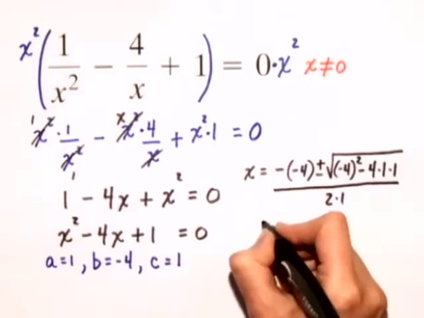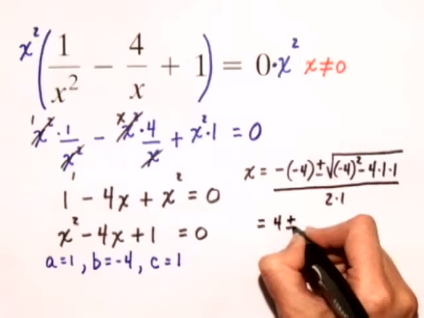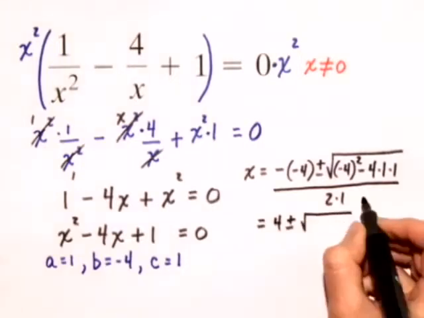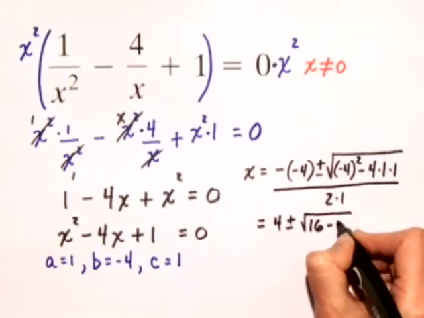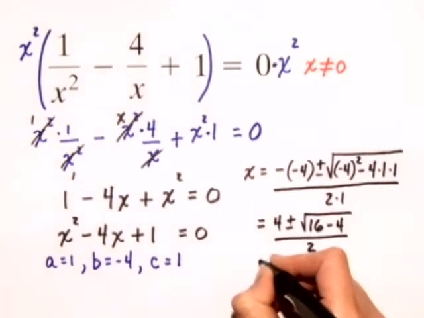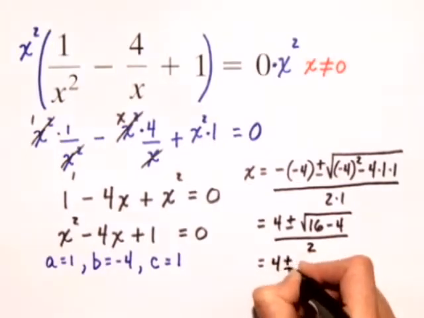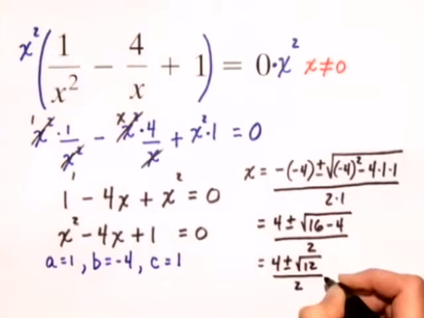We just need to simplify this. So x is equal to positive 4 plus or minus the square root of, when I take negative 4 and square it, I get 16 minus 4, all divided by 2. That simplifies to 4 plus or minus the square root of 12, all over 2.